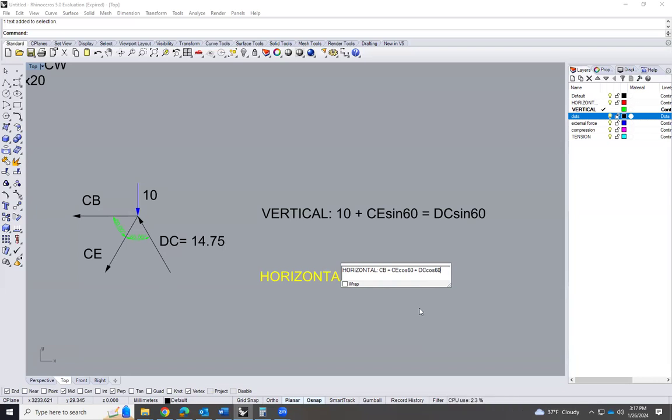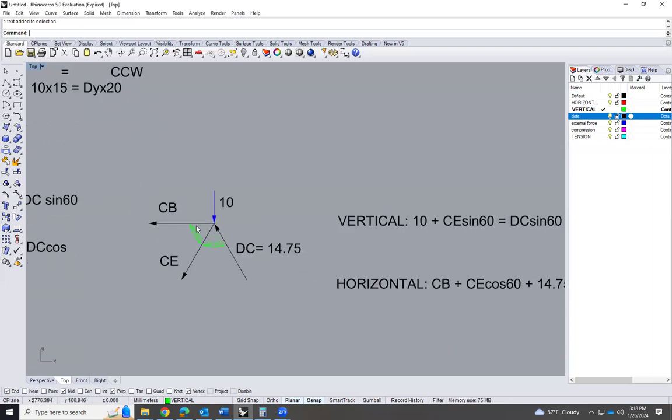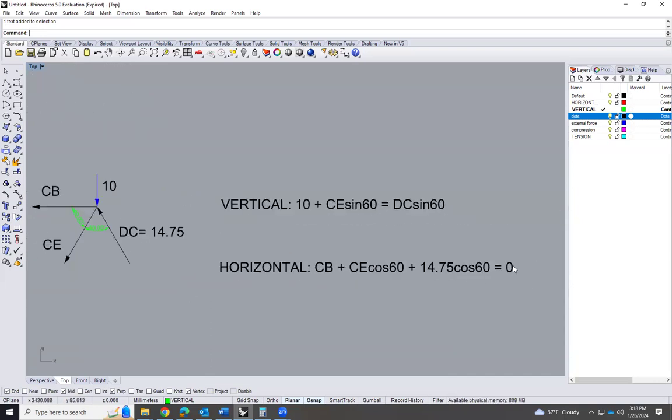Okay. And equals what? Well, instead of DC, I'm going to type 14.75, because this is 14.75. Equals what? If we don't have anything else, 0. So there will be one of these forces with a negative sign, because we don't have anything here, so either this one or that one will have a negative sign, or both, I don't know.